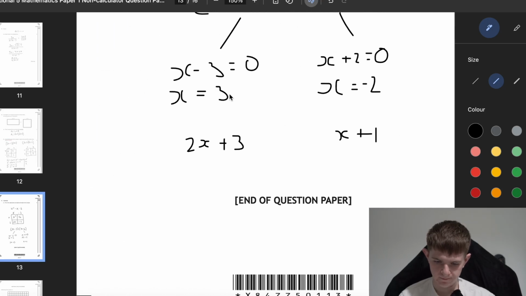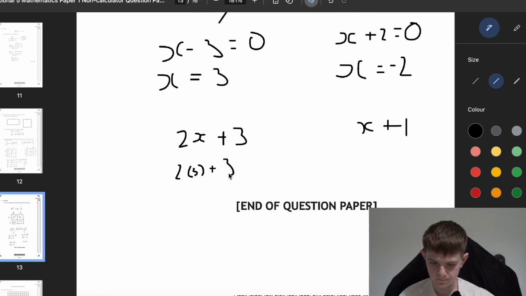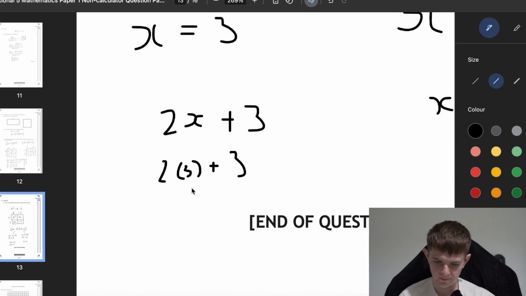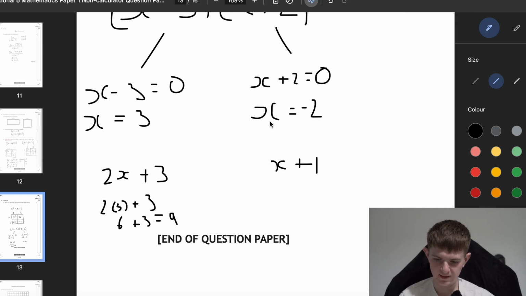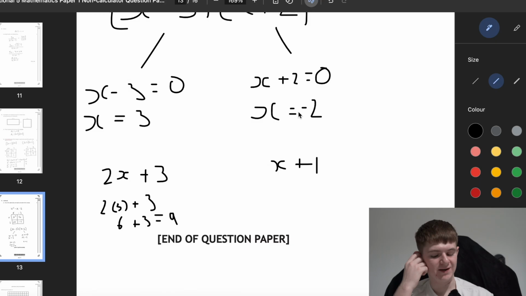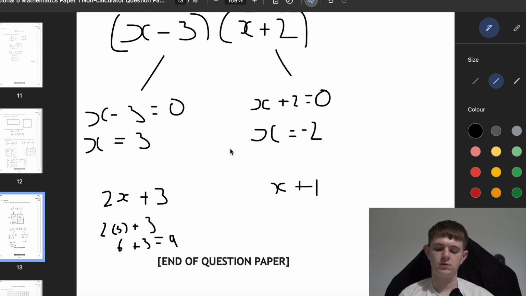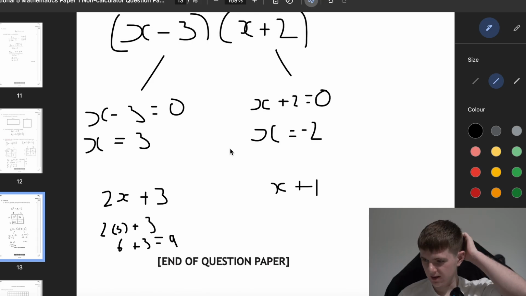Now we need to sub these in for the x's. So 2 times 3 add 3. 2 times 3 is 6. Add the 3, that will get us 9. This side, we can't use negative 2. Negative 2 is not a length. You can't get a negative length.